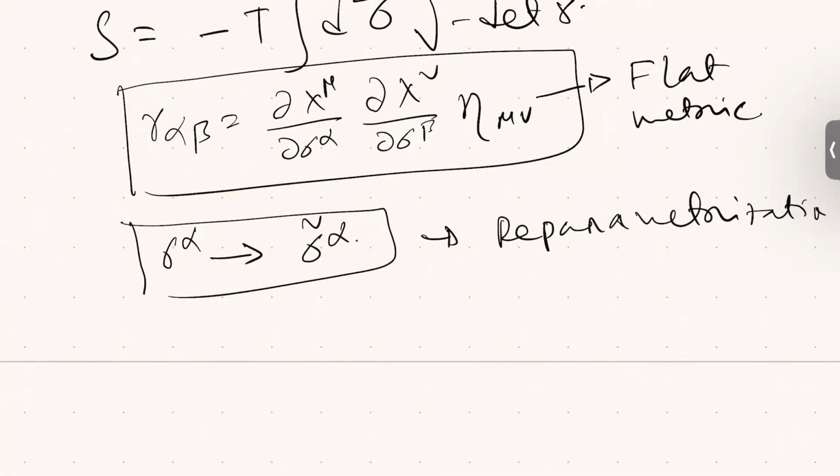So this is a reparameterization symmetry that I was talking about. Okay. And this is nothing but the gauge symmetry.